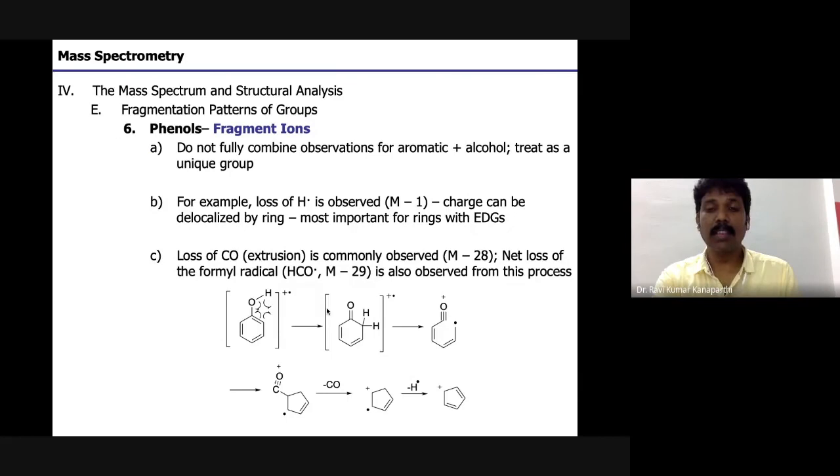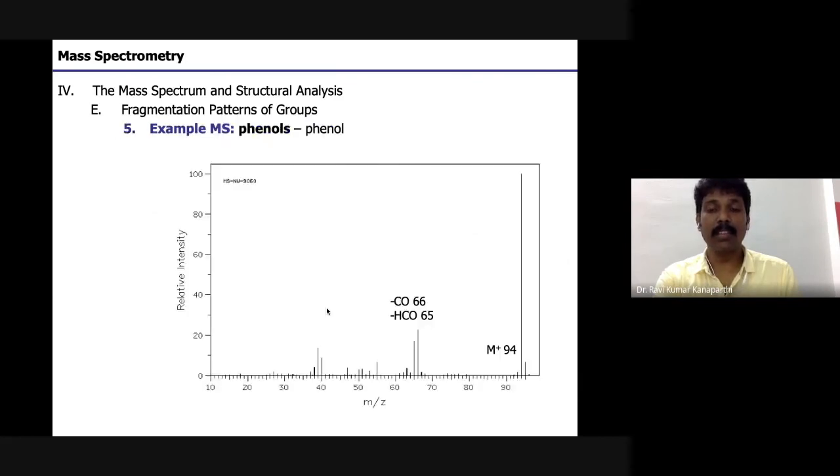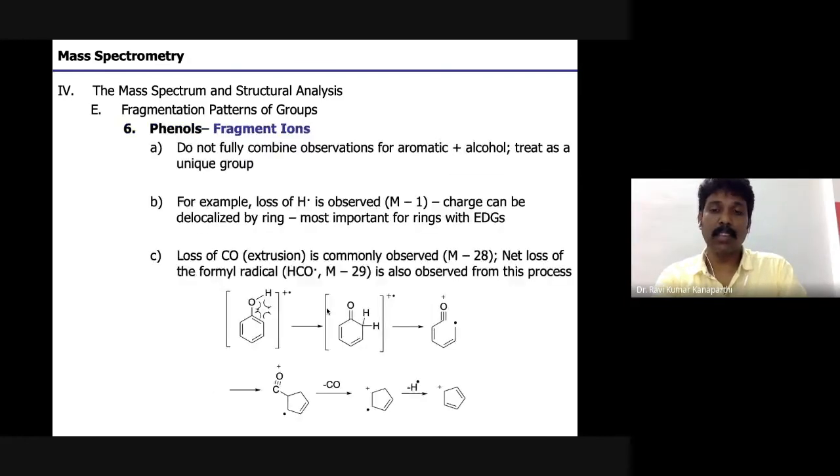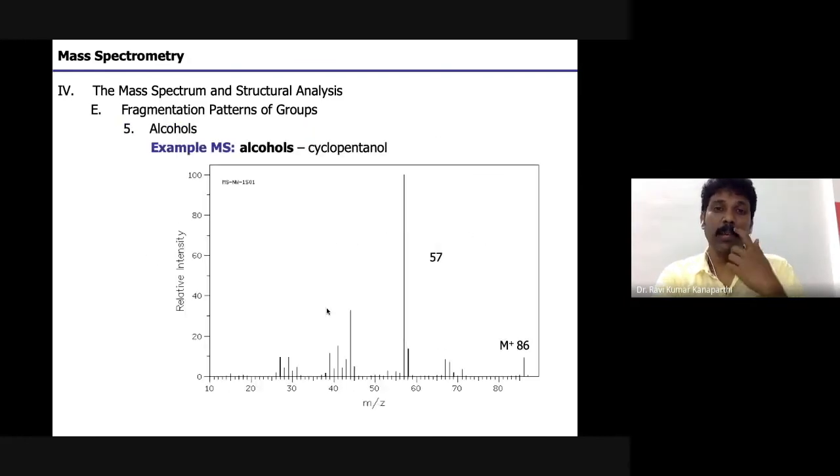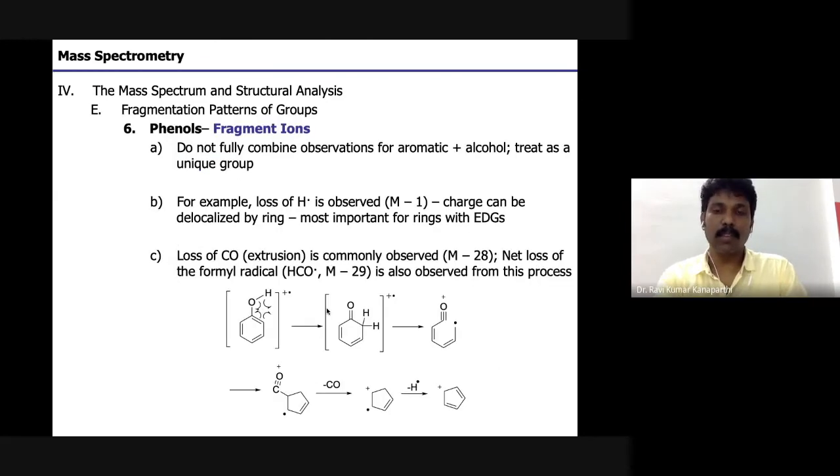And unlike the other alcohols, phenols give a nice intense molecular ion. That is the fourth point one should remember. Alcohols don't give a very prominent molecular ion except in the cyclic case, and the acyclic ones don't give it at all.